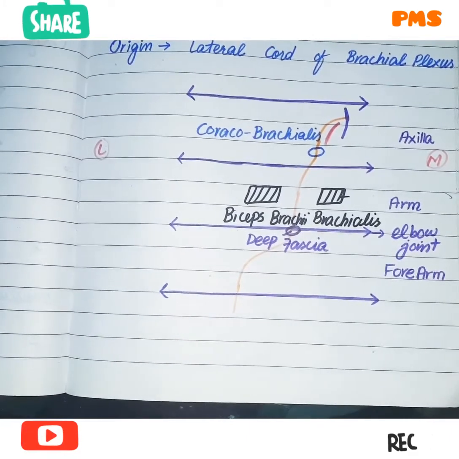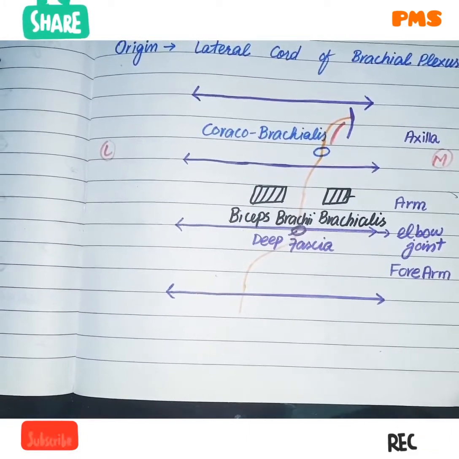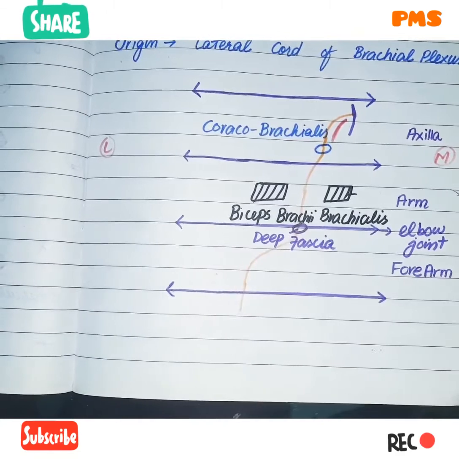And this is the termination. It terminates as the lateral cutaneous nerve of the forearm.